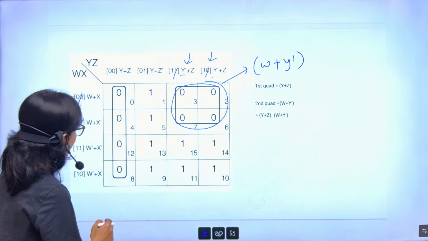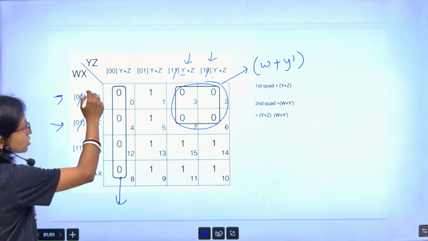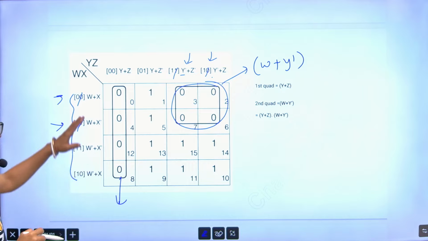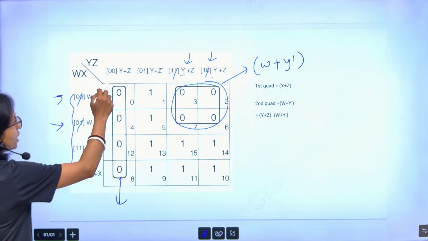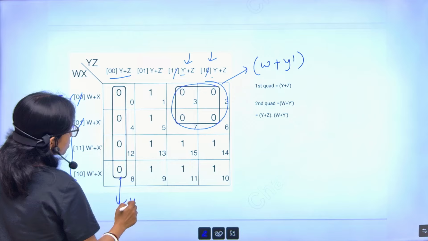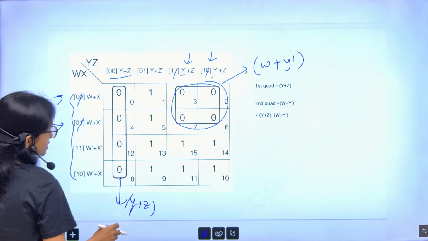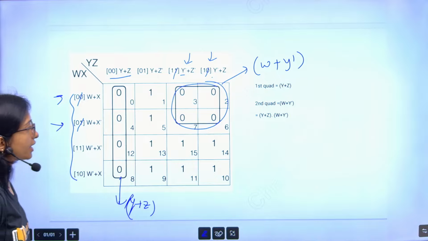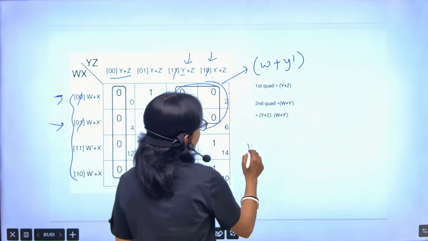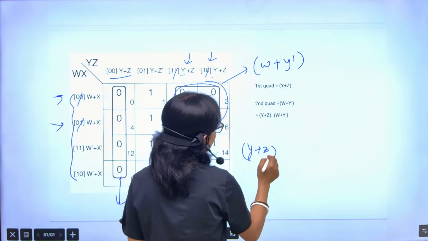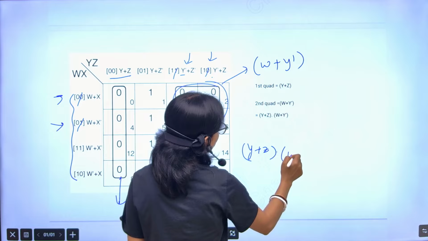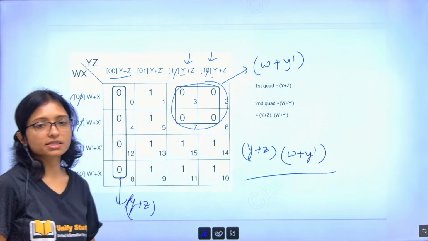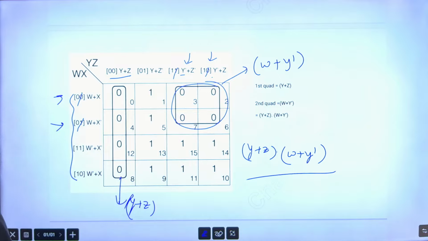And from here, all these Wx will be cancelled, only y plus z left. So the final answer is y plus z dot, from here we got W plus y bar. So your answer is (y plus z) and (w plus y bar).